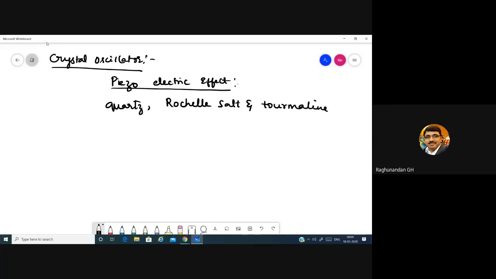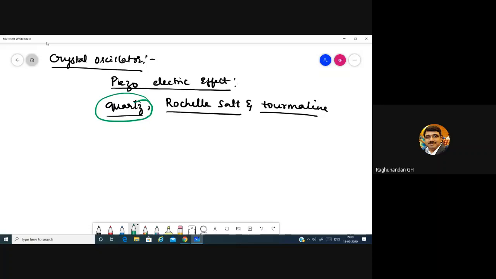These are the three kinds of substances which exhibit the piezoelectric effect and are available in nature. But among these, quartz is widely used compared to the other two.